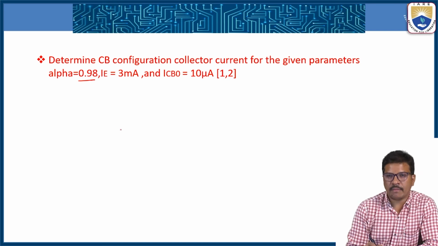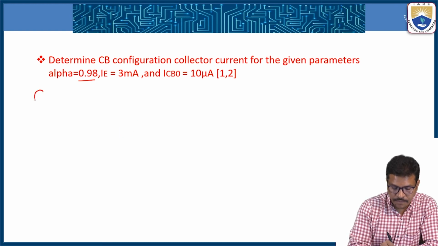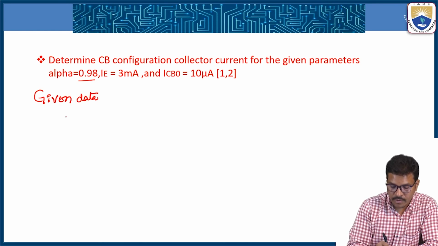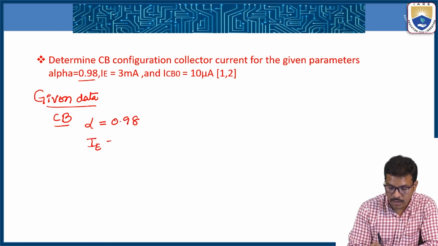By seeing the parameters, the collector current can be found directly. The given data is for a common base configuration: alpha 0.98, IE 3 milliampere, ICBO 10 microampere.